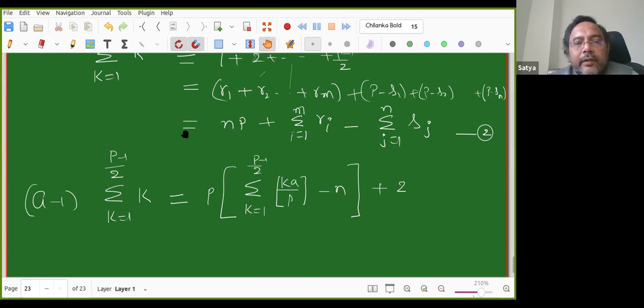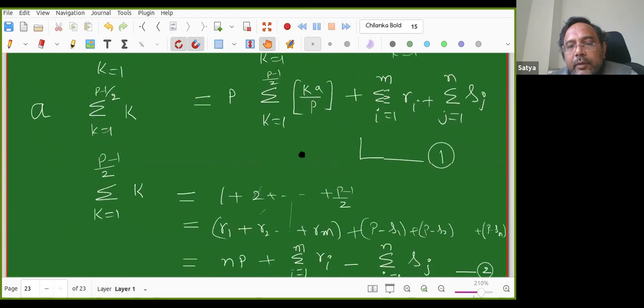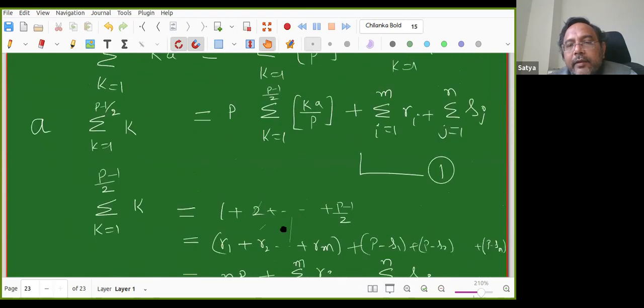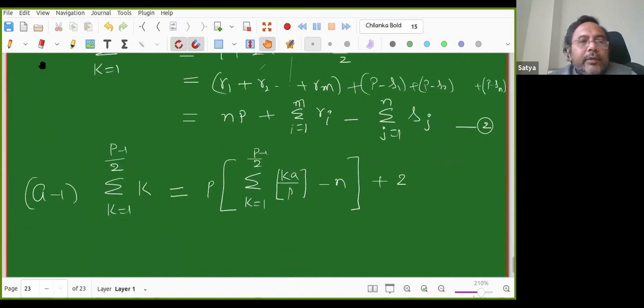These two get cancelled, correct? Here also we have this portion, here also we have this portion, these two get cancelled, but this one remains, so it becomes two times the summation j equal to 1 to n of Sj, correct? So this much is clear.